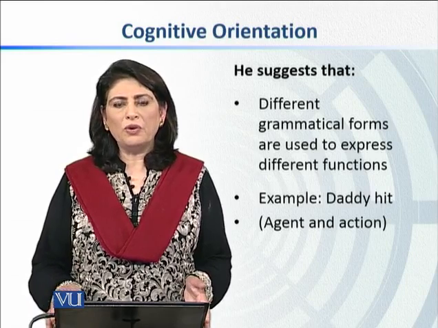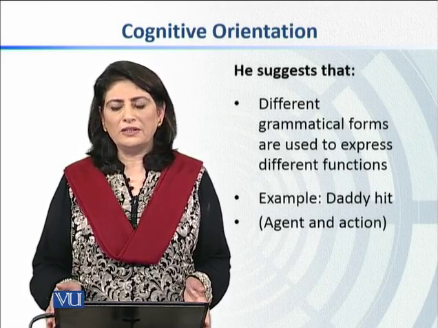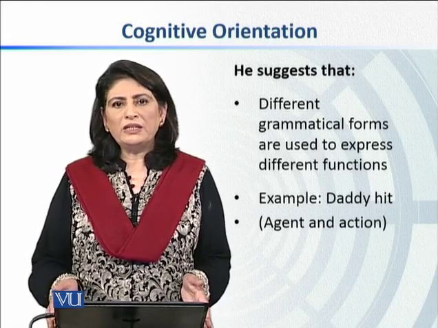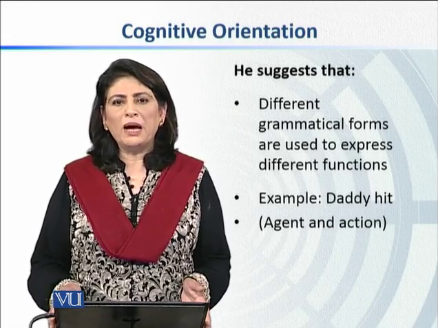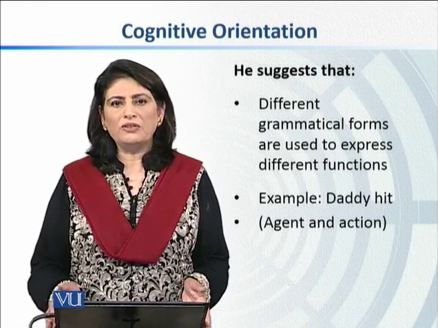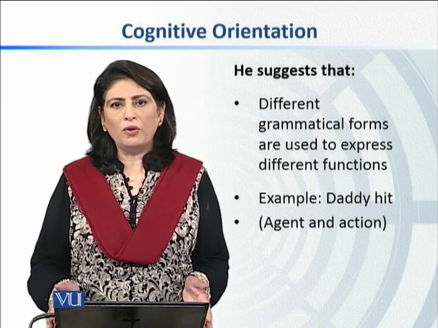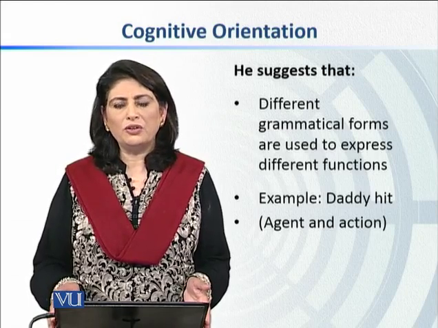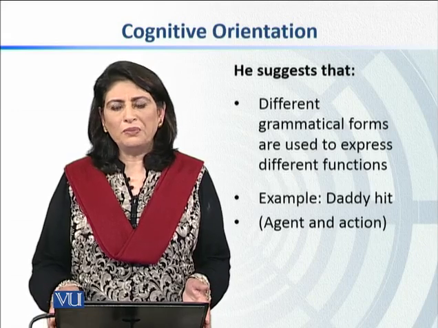And this was a study done again by Brown in 1973. They realized that when a child said, my pencil, and when the child said, Adam's pencil, although for us, if we are not paying attention to the context, the structures might look similar.